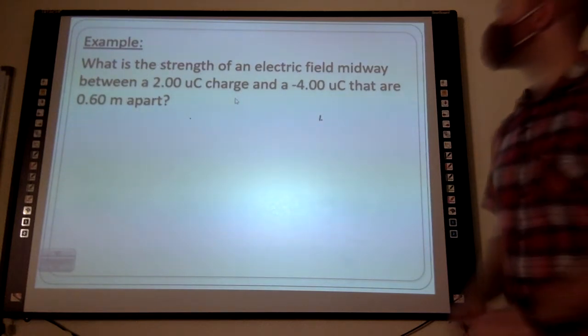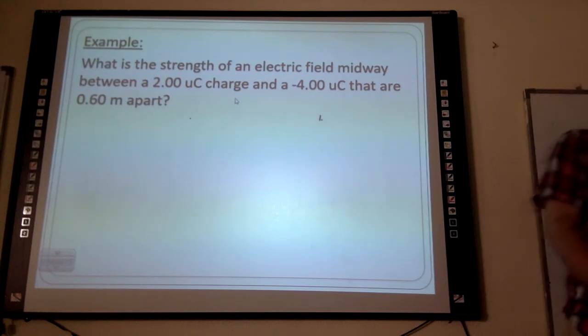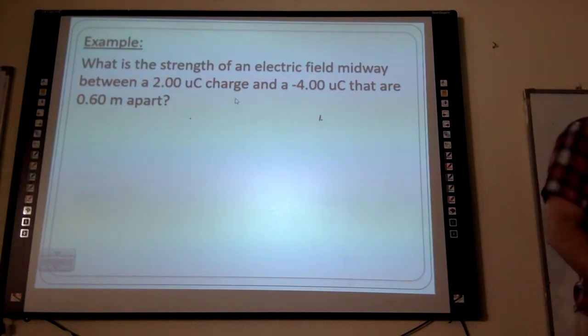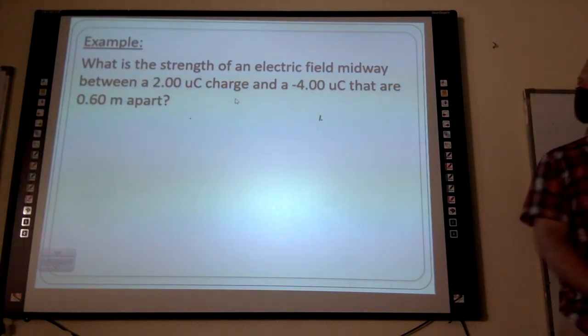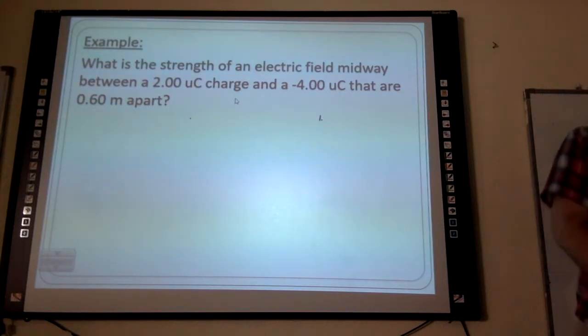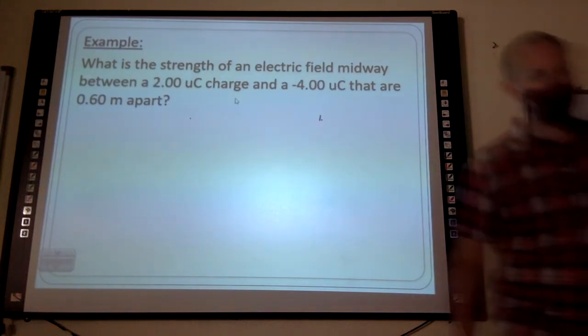So let's try some examples. What is the electric field midway between two charges that are this far apart? Like I said, with electric fields, if I want to know the electric field due to multiple items, I need to add them like vectors. Here's where our vector unit comes into play.